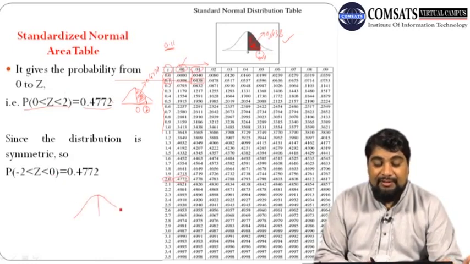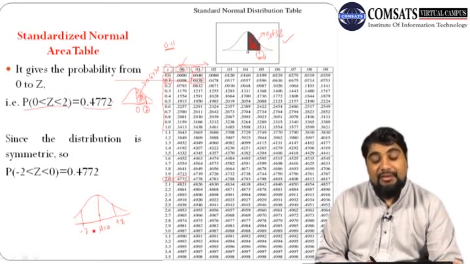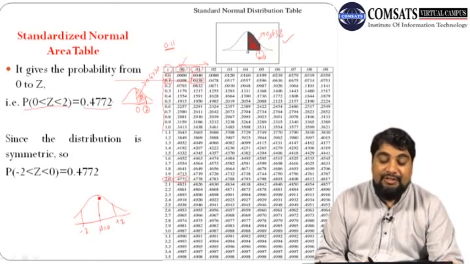So let me draw here. Here we have the mean 0, here we have the +2 point, and here we have the -2 point. From the symmetry concept, the area to the right of the mean, between 0 and 2, is the same as the area between -2 and 0.